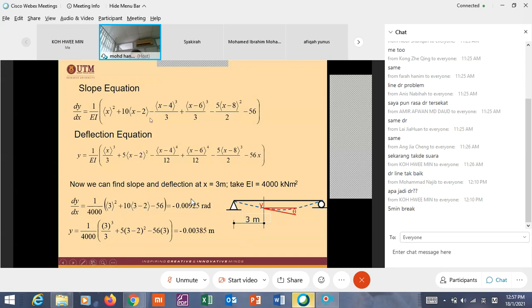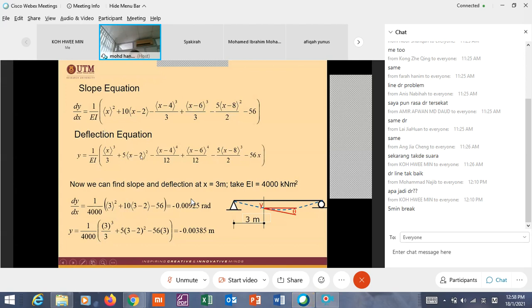So when x equal to 3 meter, 3 minus 2 is positive, then you count it in. 3 minus 4 negative, cancel. 3 minus 6 negative, cancel. 3 minus 8 negative, cancel. Then you have only 10 times 3 minus 2, plus 56, minus 56, similar to y.